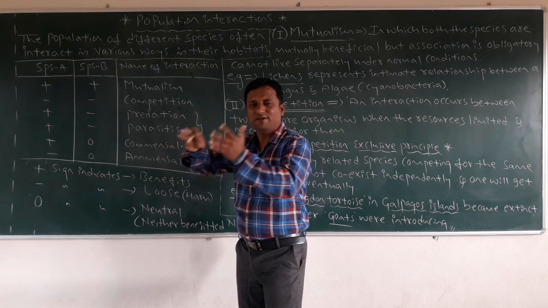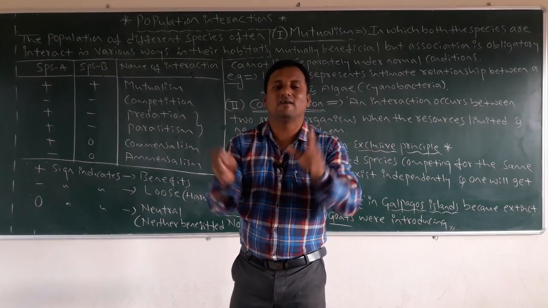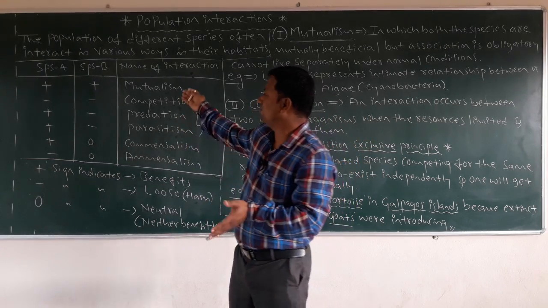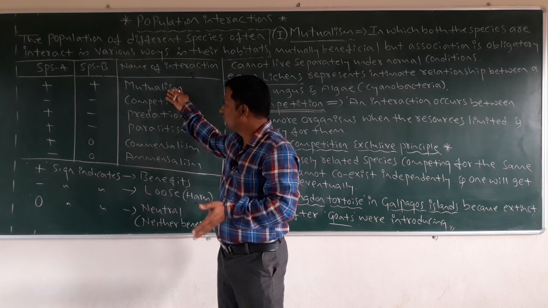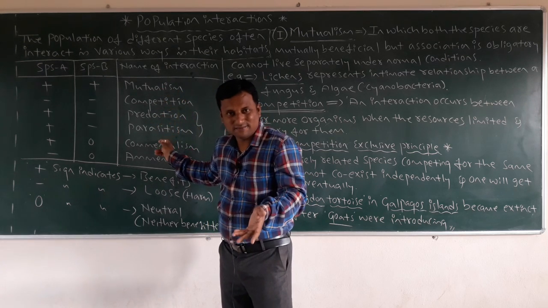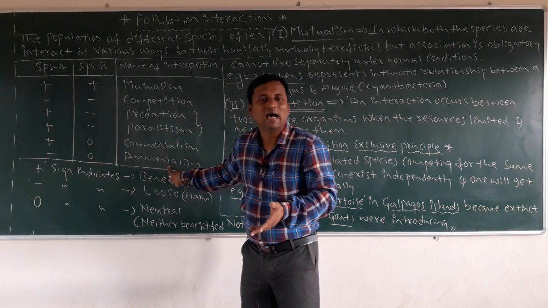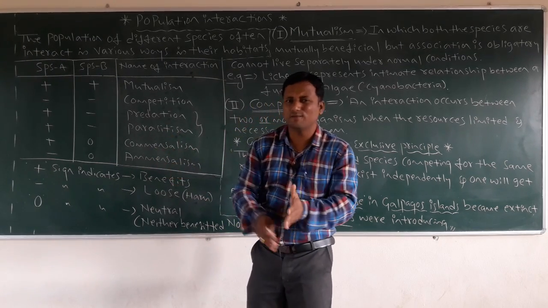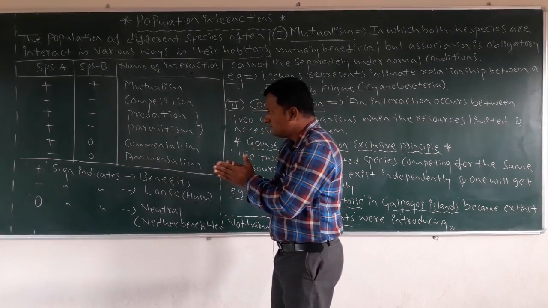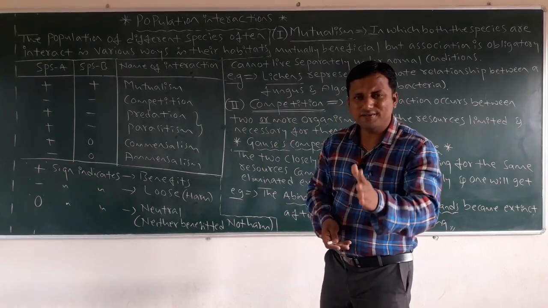We know that we are going to see the interactions take place in populations like this only. Mutualism is there, competition is there, predation is there, parasitism is there, and rare interaction is going on between commensalism and amensalism. We can discuss those concepts later. Then by seeing this table, what are you going to get?